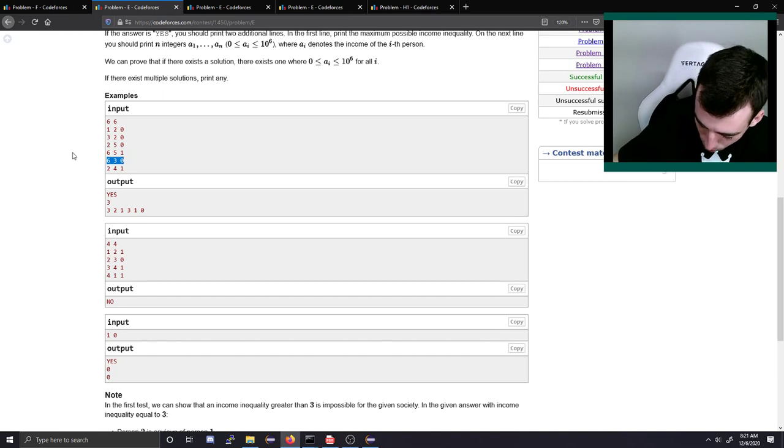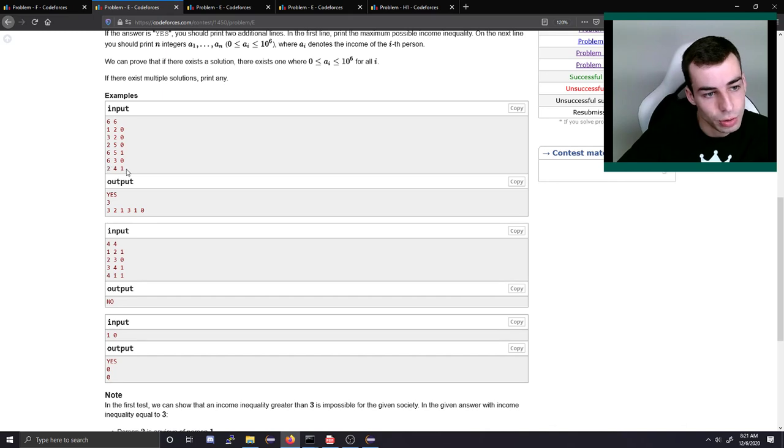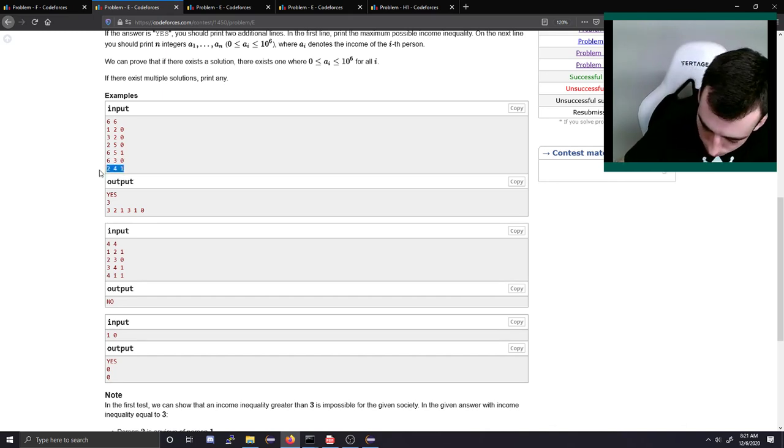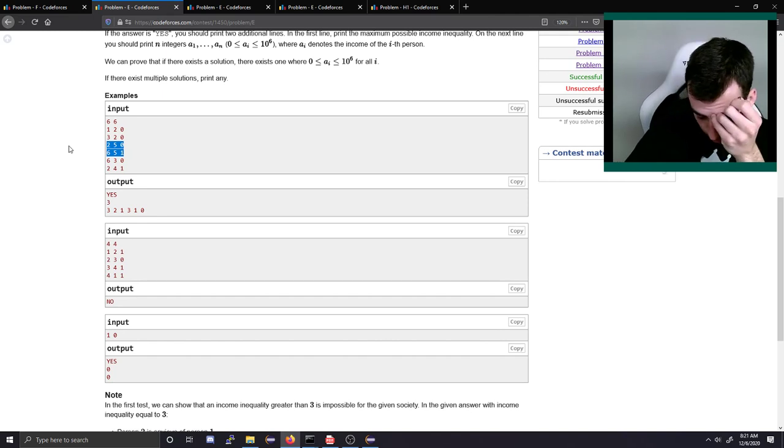Oh, I've drawn this poorly. 6 to 5, 6 to 3, and 2 to 4. Okay, we know 2 to 4 is an arrow, and we also know 6 to 5 is an arrow. It's a good example, I think.